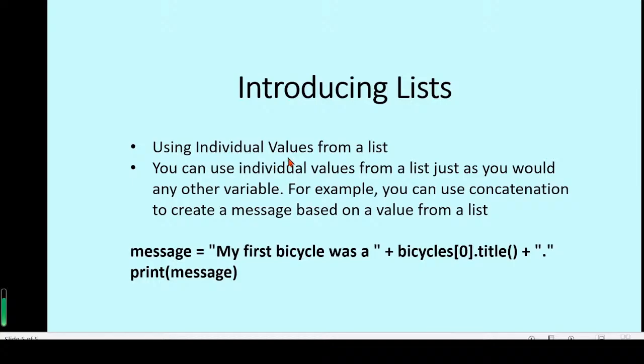Using individual values from a list: you can use individual values from a list just as you would any other variable. For example, you can use concatenation to create a message based on a value from a list. So we can get the first bicycle and use its title form, then concatenate this item with this string and this string.